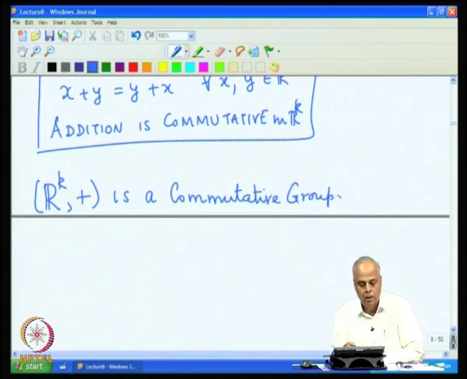In general, for an arbitrary group, we will replace R k by an arbitrary set plus a new rule of combining two elements. If this rule of combination, which is normally called a binary operation, obeys the properties that when you combine two elements from the set, the result is also there, and there is an element akin to 0, and for every element there is an element akin to the negative, then we call it a group.